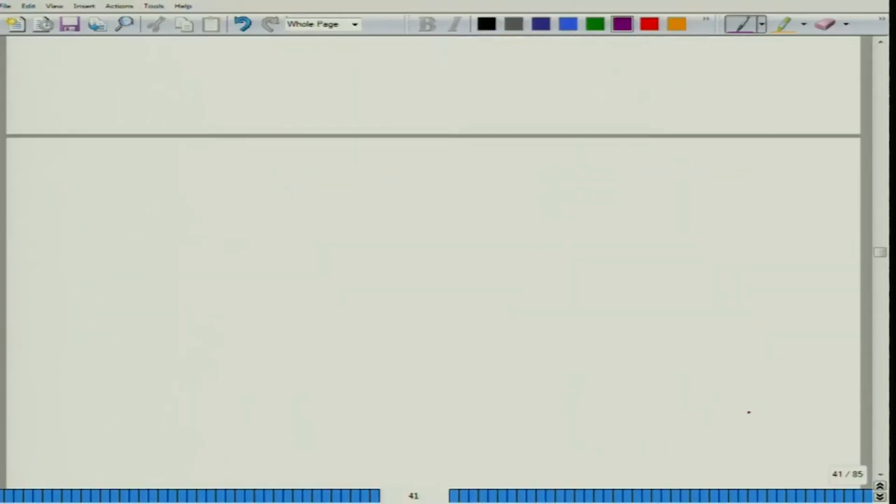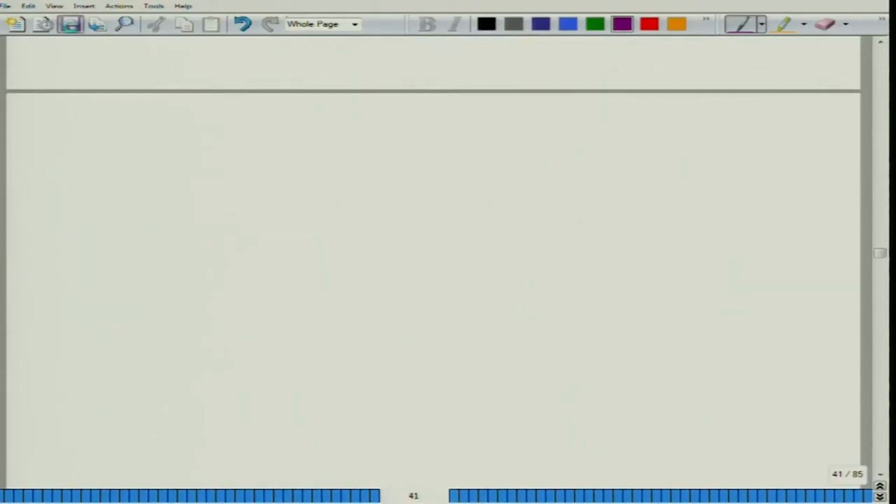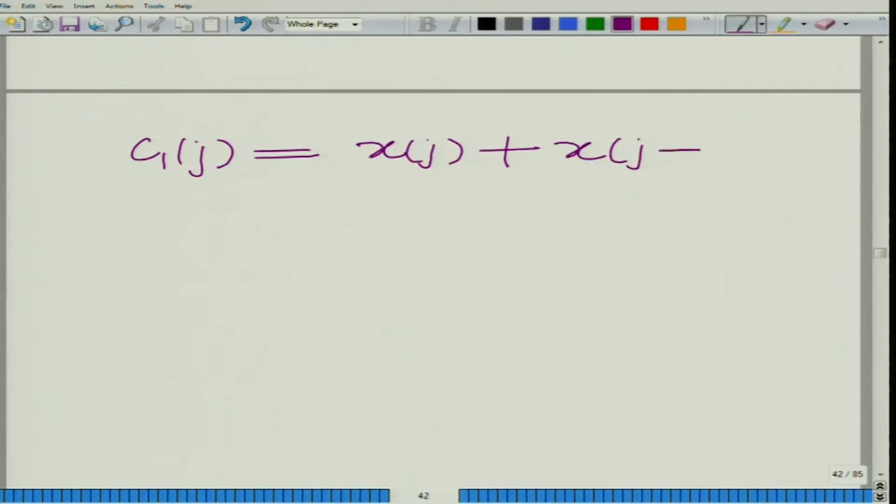You can similarly look at C1 of j. Now, it's no surprise there. If you look at C1 of j, for instance, C1 of j is equal to x of j plus x of j minus 1 plus x of j minus 2.